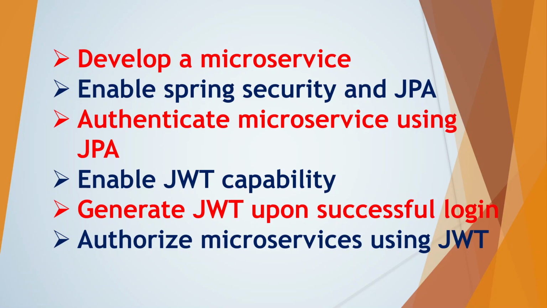That's all we are going to repeat today, starting from scratch, so that the users who are seeing this video will go through the authentication technique as well by using the user details JPA service. And then we will try to add the JWT capabilities to our project. Then we will generate the JWT token upon successful login, and we will authorize the microservices using JWT. Okay, these are the different steps which we are going to perform today.